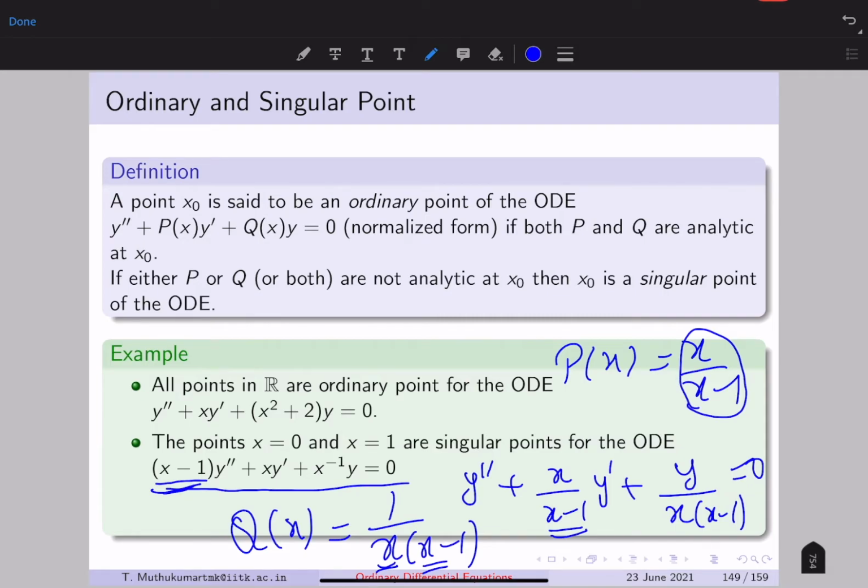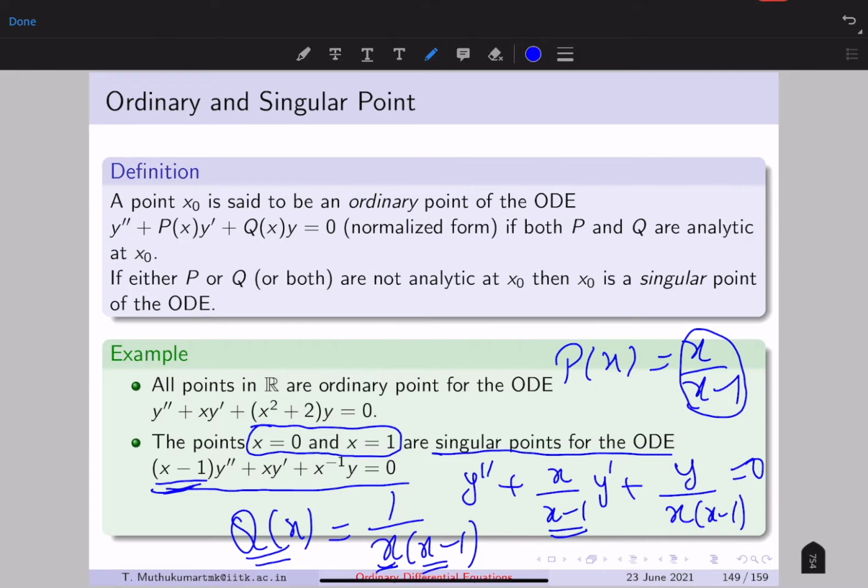It blows up, whereas Q has a singularity at both x equal to 0 and x equal to 1. Therefore x equal to 0 and x equal to 1 are singular points of the given ODE, because the coefficients blow up at these points. Okay, so this is how you check ordinary point and singular point.